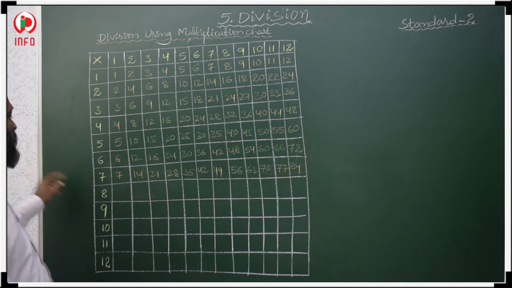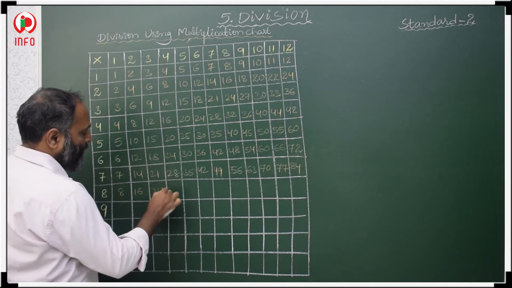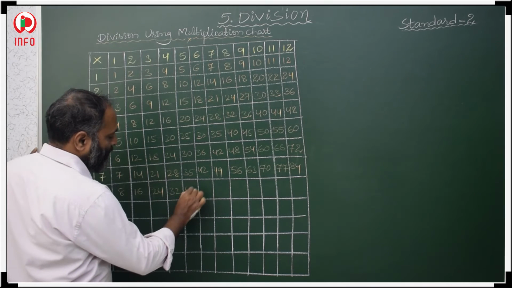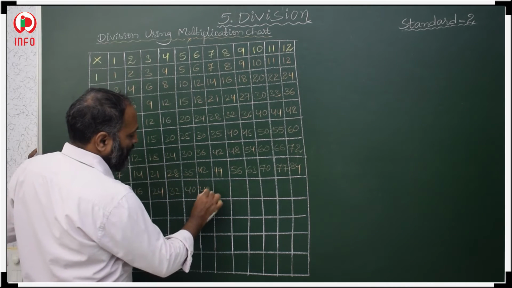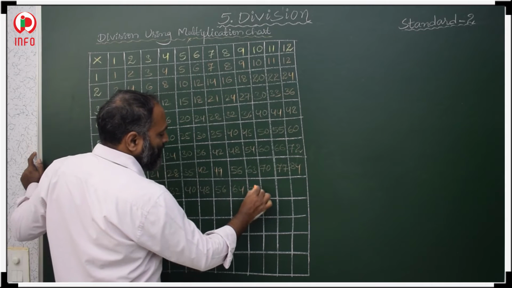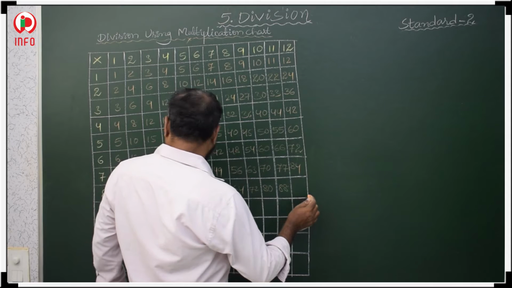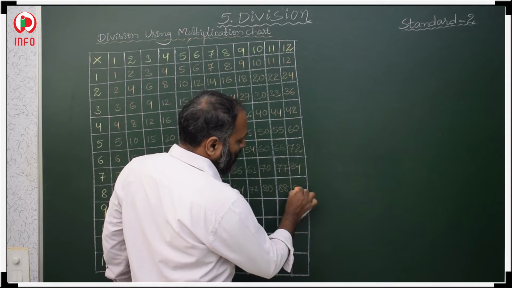Next, 8. 8 1s are 8, 8 2s are 16, 8 3s are 24, 8 4s are 32, 8 5s are 40, 8 6s are 48, 8 7s are 56, 8 8s are 64, 8 9s are 72, 8 10s are 80, 8 11s are 88, 8 12s are 96.